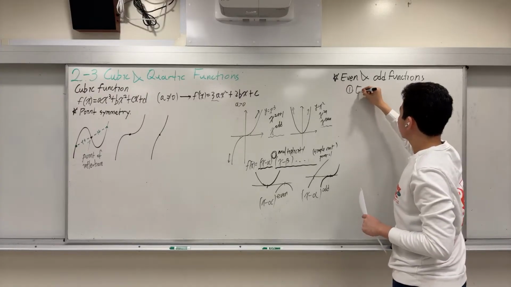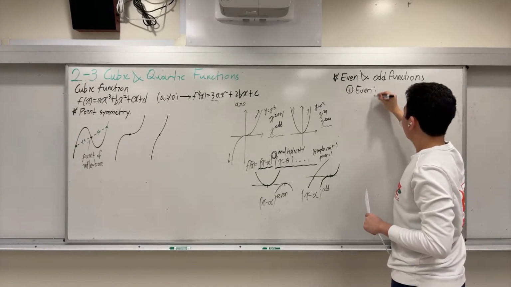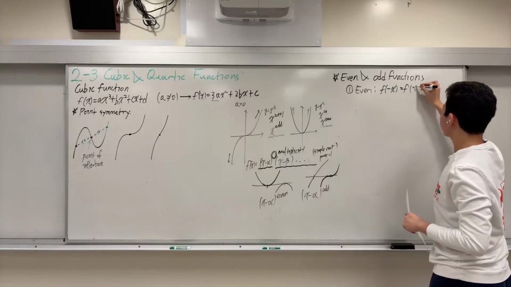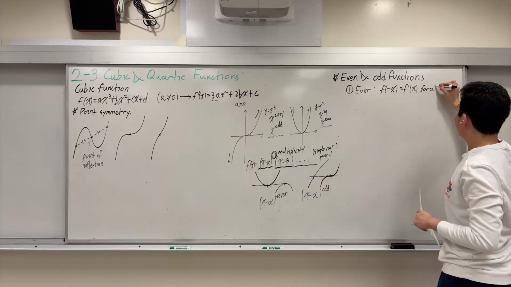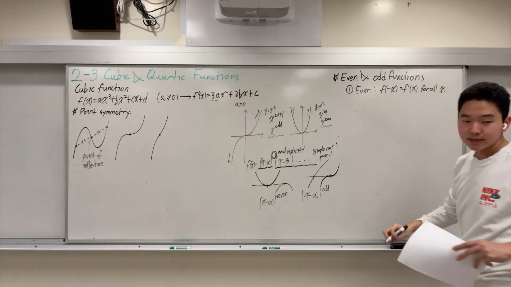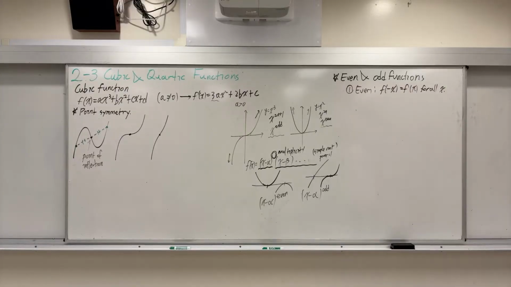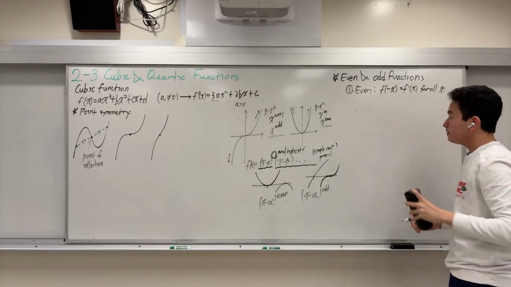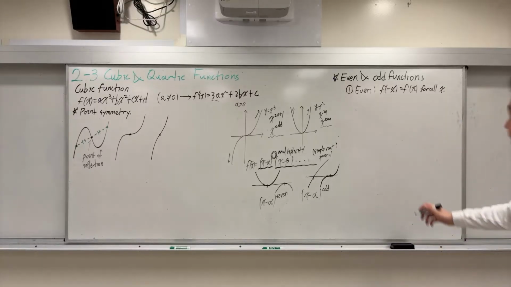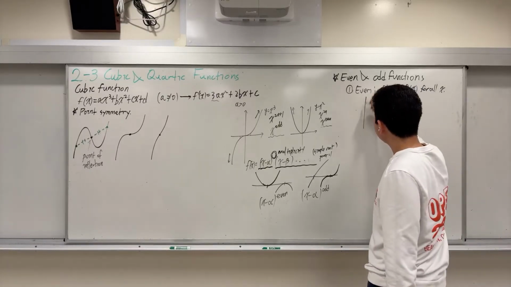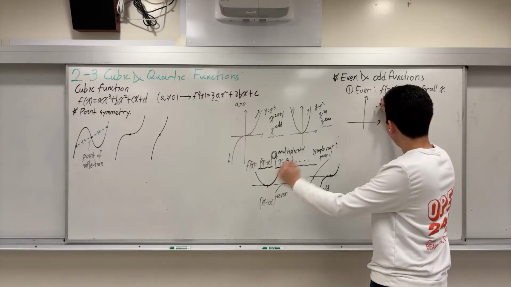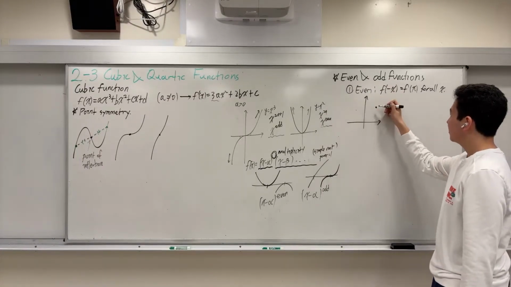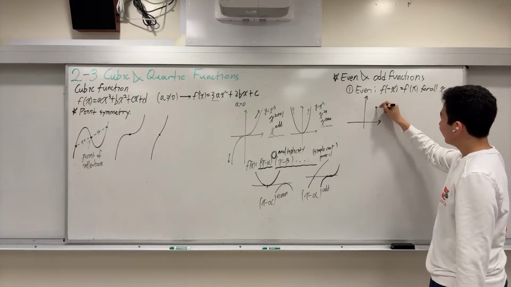Even functions are functions where f of negative x equals f of x for all x. That means, let's think about it visually. If we have a function point here, then f of negative x should be equal to the function value of this.